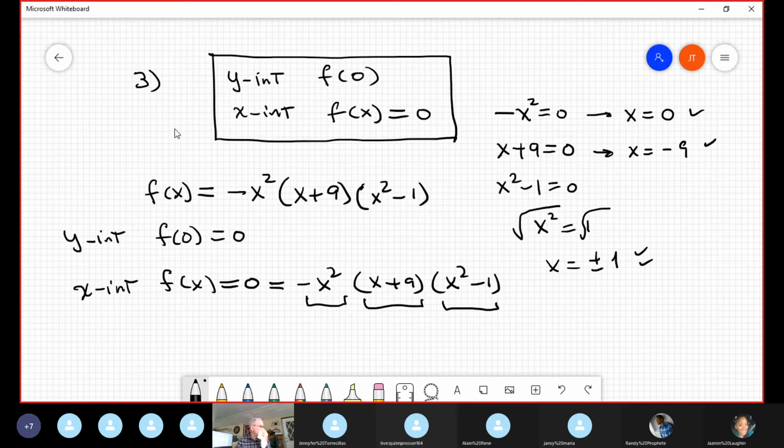Okay, conclusion: the x intercepts are negative 9, 0, negative 1, 0, and positive 1, 0.